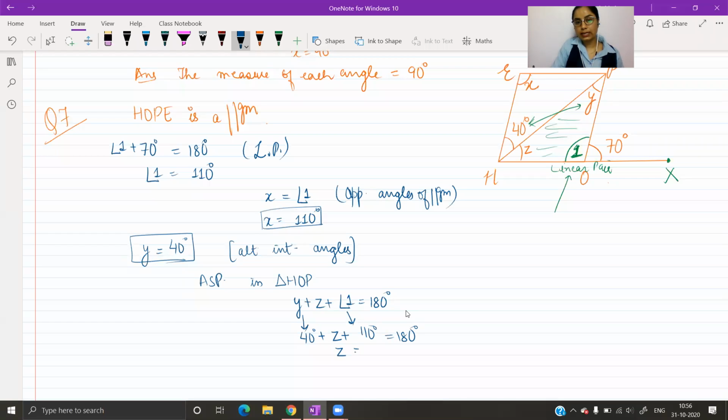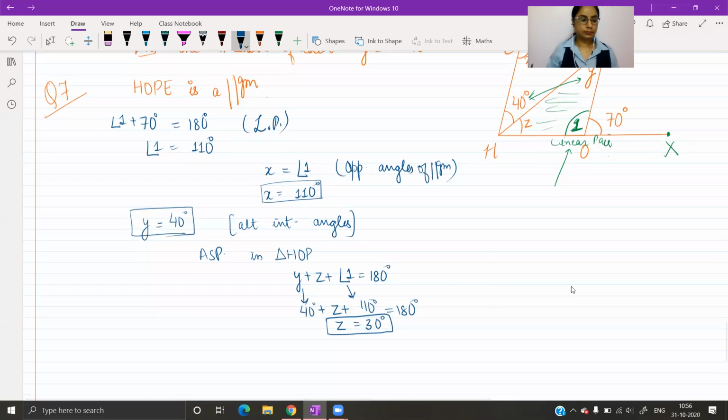And from here, z comes out to be 30 degrees. Question is done, both parts. Very good.